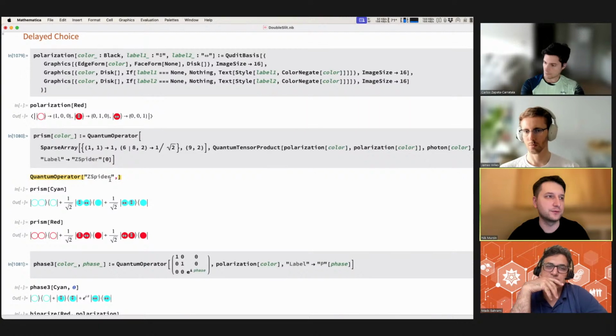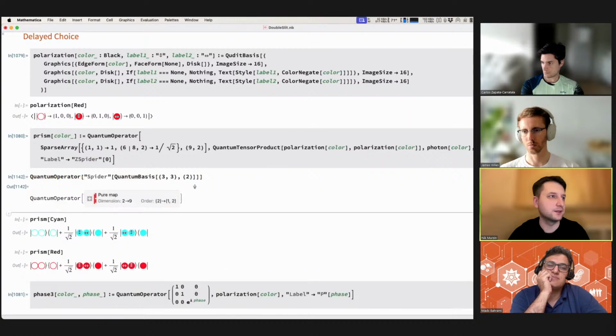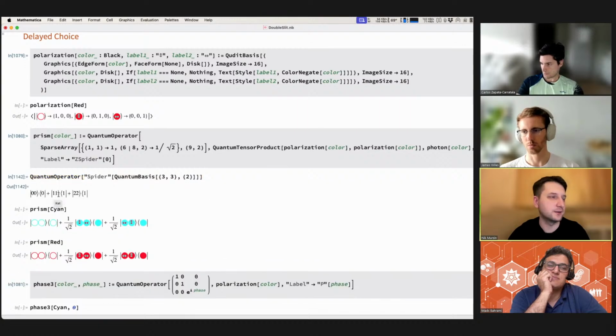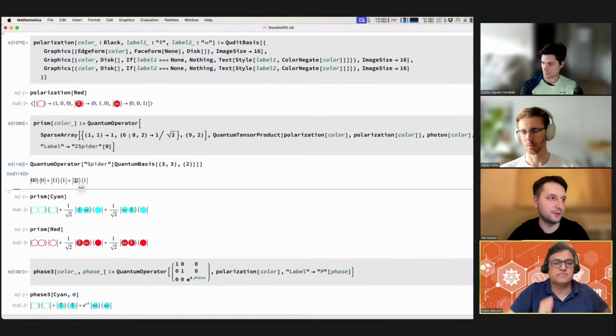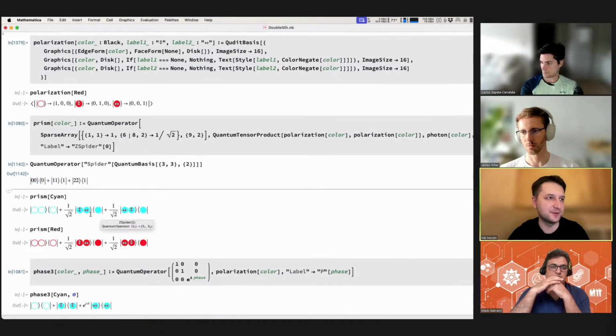Maybe if you do the spider with one input, it has to be a spider with dimension 2 as an input, right? Something like this. Essentially the spider should look like this. How you interpret it is a little different, especially since this is switched.